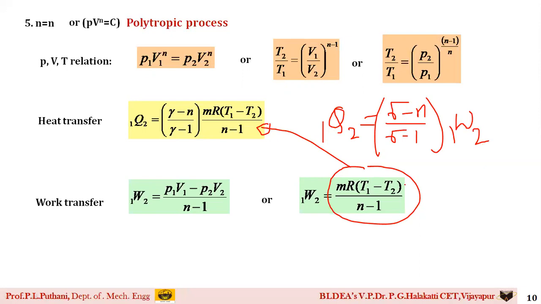Simple method. So before we discuss all the 5 modules, you need to remember these expressions: PVT relations for the different processes, heat transfer for the different processes, as well as work transfer for the different processes. Hope these things will help you in the future also.